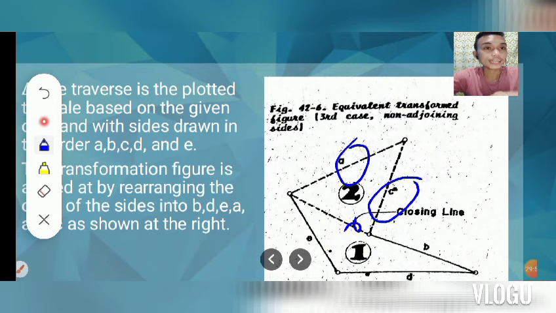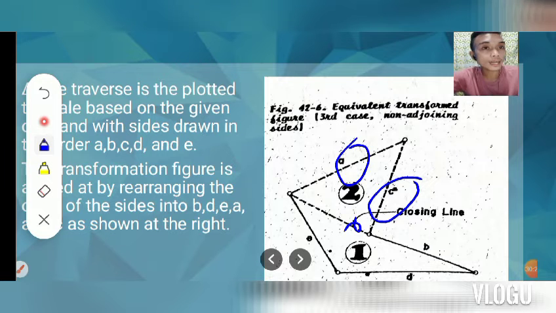After that, to make the closing line, we draw the line between the ends of the lines of the unknown values to represent the unknown values.